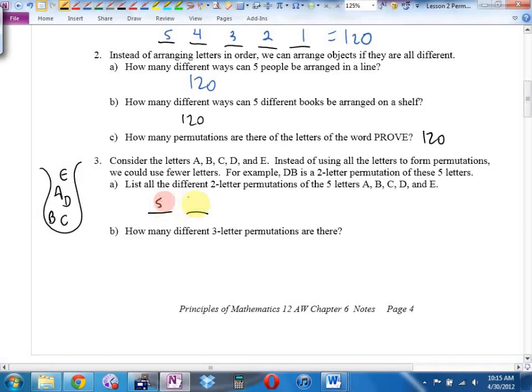Then, answer 20. Makes sense. How many different three-letter permutations are there? 1, 2, 3. What do you think it's going to be? What times what times what? 20 times 3, 60.